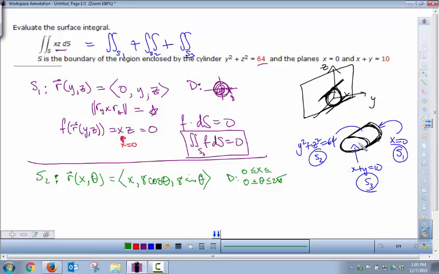And so I have to stop at this equation where x is x and y is 8 cosine theta. So if I solve for x here, I'm going to go 10 minus y, and y in this case had changed to 8 cosine theta.